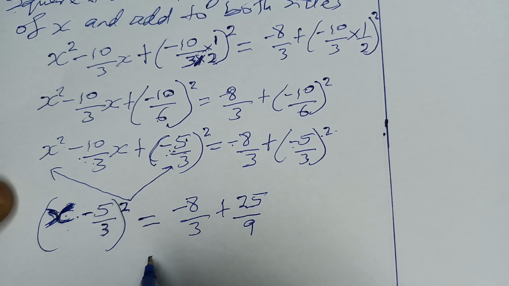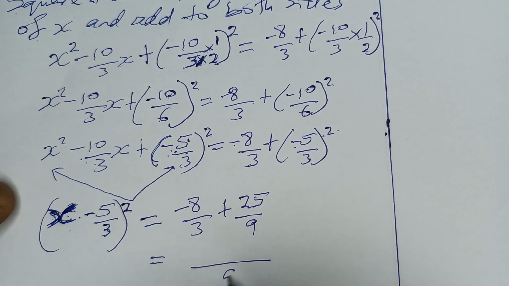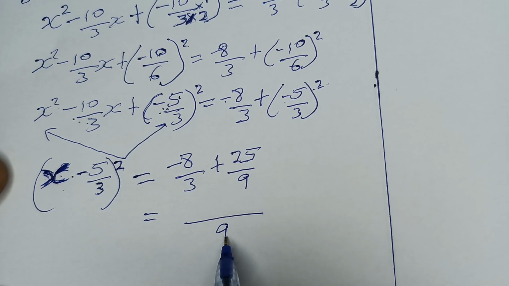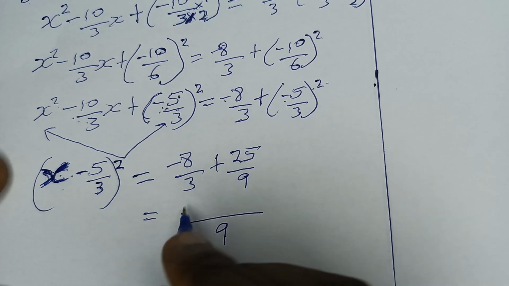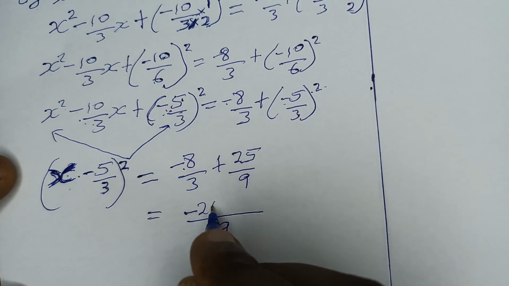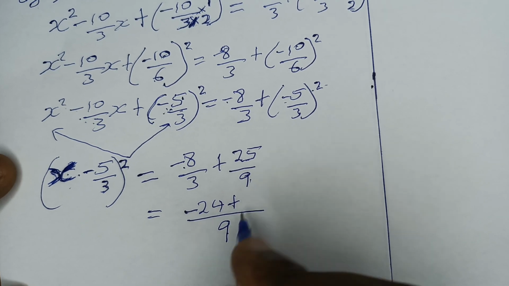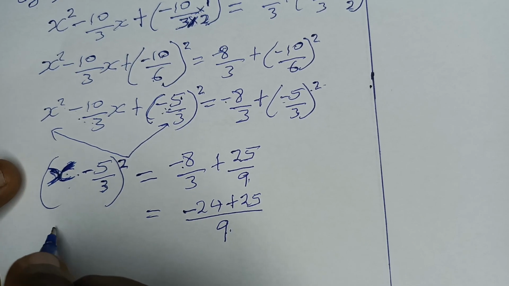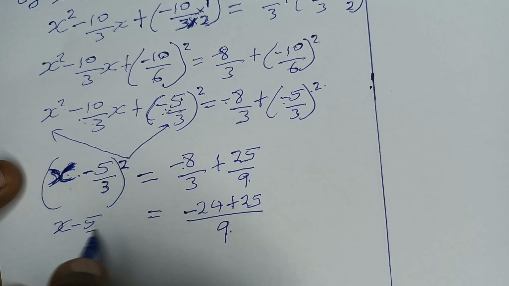So we can find the LCM: 3 in 9 is 3, 3 times minus 8 is minus 24, plus 9 in 9 is 1, 1 times 25 is 25.